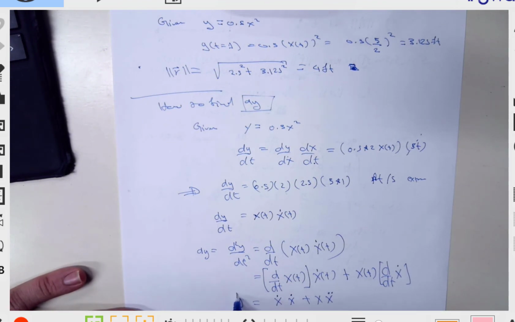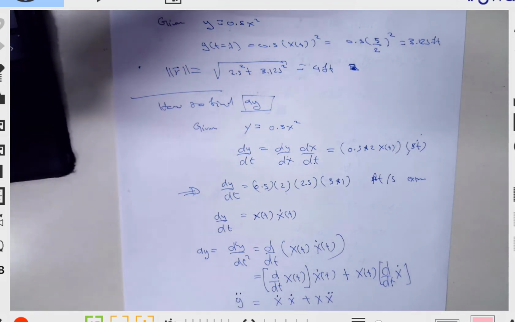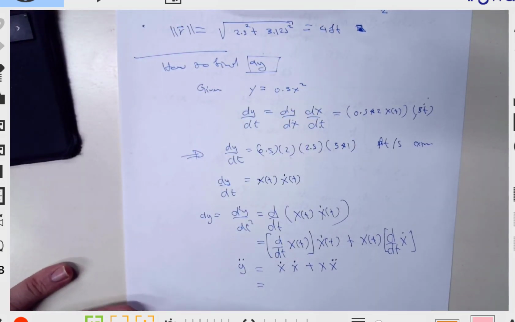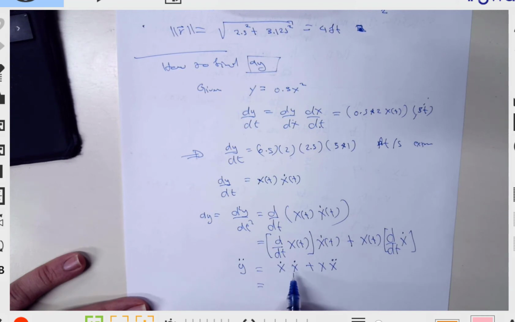This is equal to y double dot. Okay, so continuing, this is x dot squared.